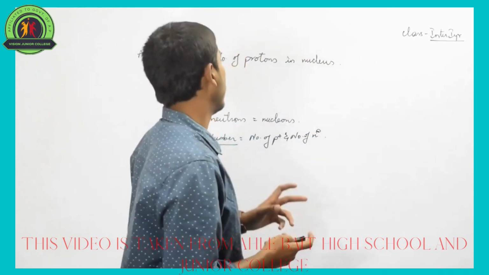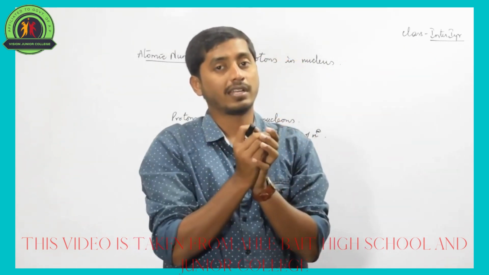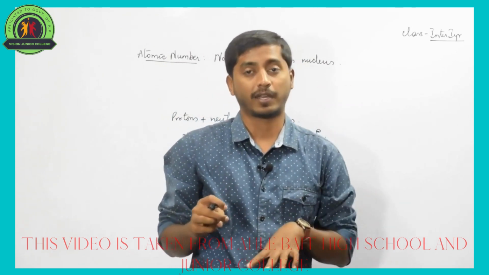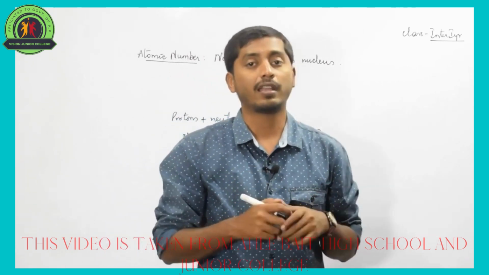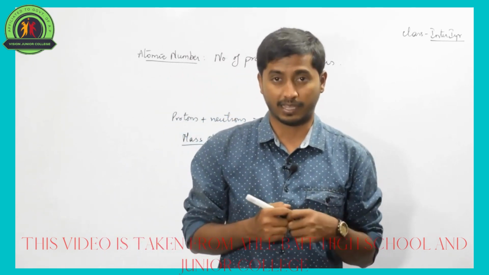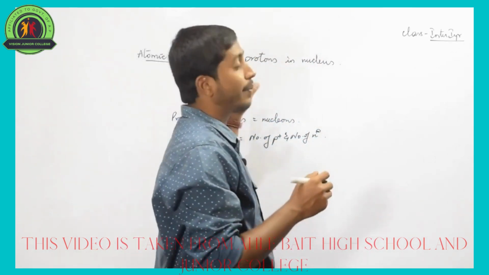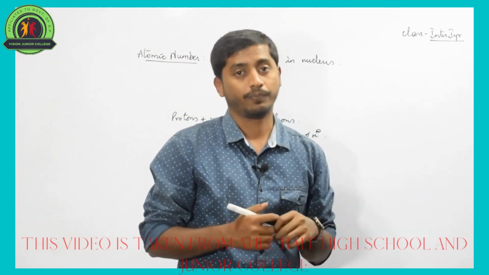We are saying that the whole mass is concentrated at a particular nucleus, right, and the whole positive charge is concentrated at that nucleus. Then how many protons and how many neutrons are there in that nucleus? In order to know that, an atomic number gives us a basic experimental or theoretical value of an atom, right.